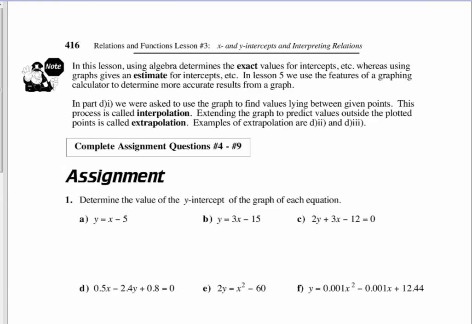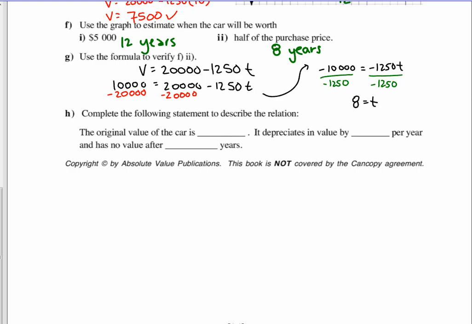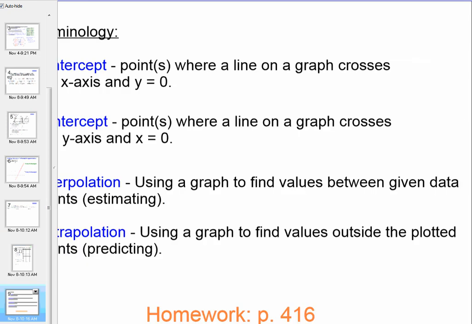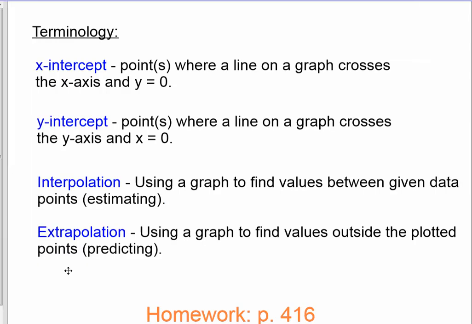Okay, so what is the homework? Nothing, yeah? Not yet. Okay, terminology. Make sure you understand x and y intercepts. The x-intercept is the point where a line on a graph crosses the x-axis, where y equals 0, and so forth.